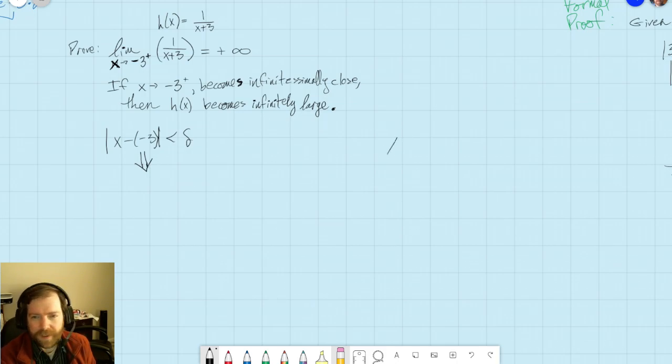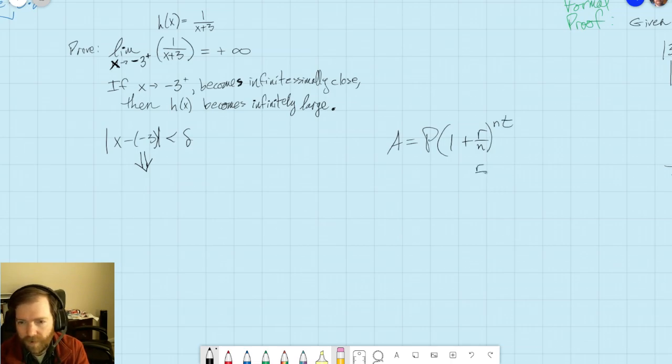So what you're doing is A equals P times (1 plus r over n) raised to the nt, when r over n is the periodic interest rate.